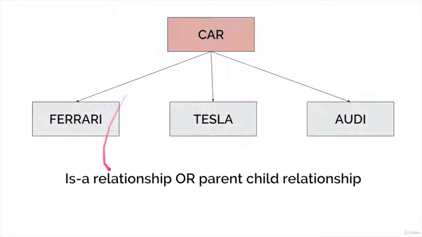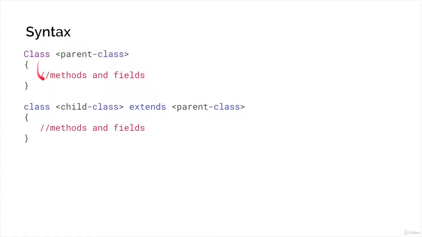In this relationship, car is known as the parent class, and Ferrari, Tesla and Audi are known as child classes. In the syntax, we first define the parent class, along with the corresponding methods and fields.